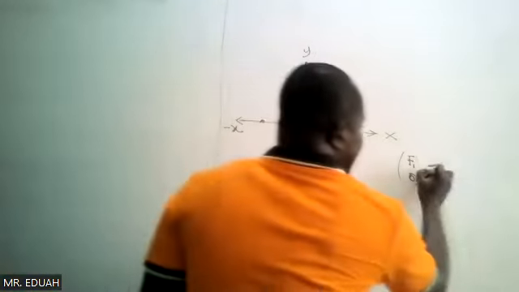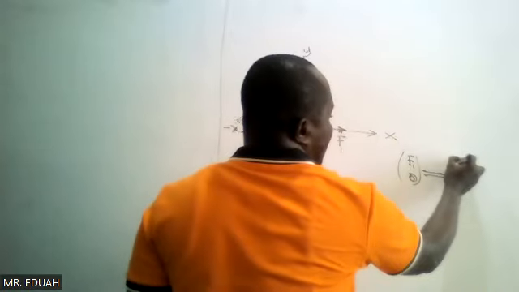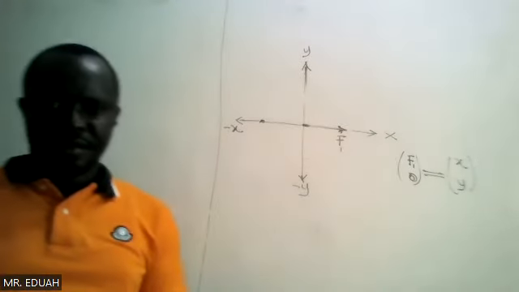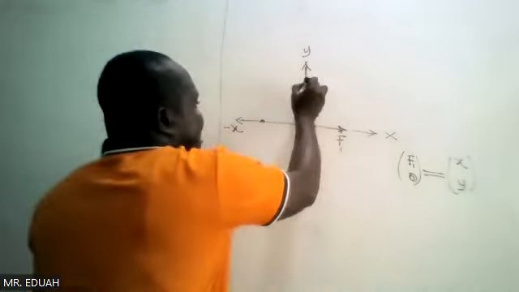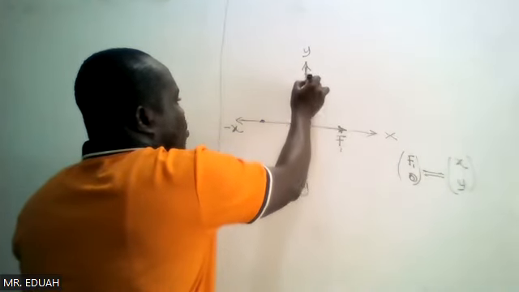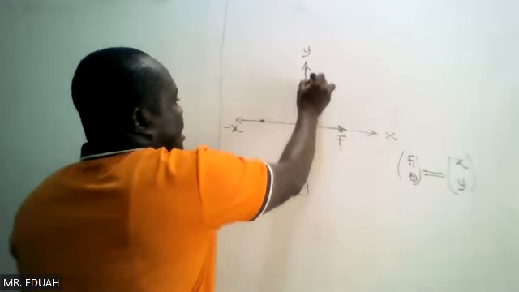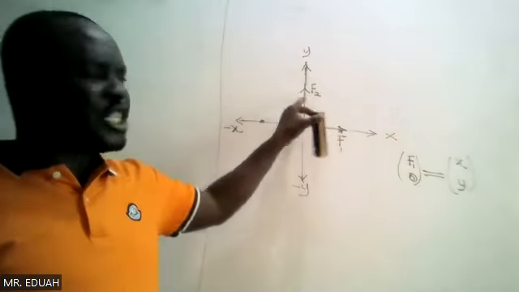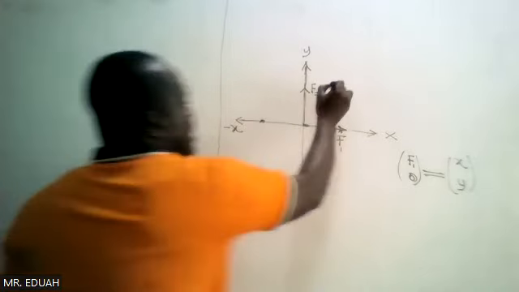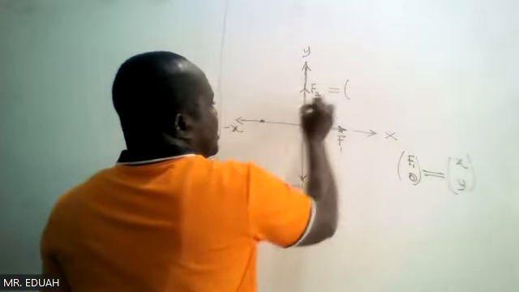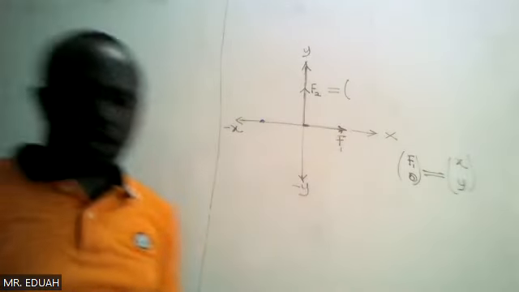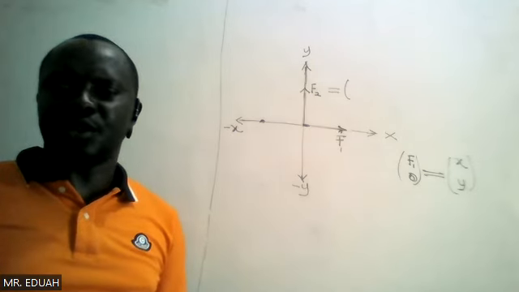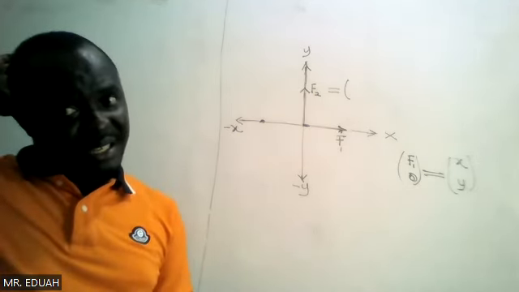If a vector is here along y, this is F2, and I'm asked to express this into components, what do you think will be its horizontal component? 0.